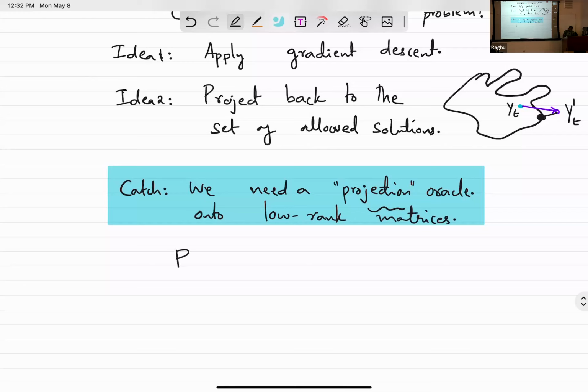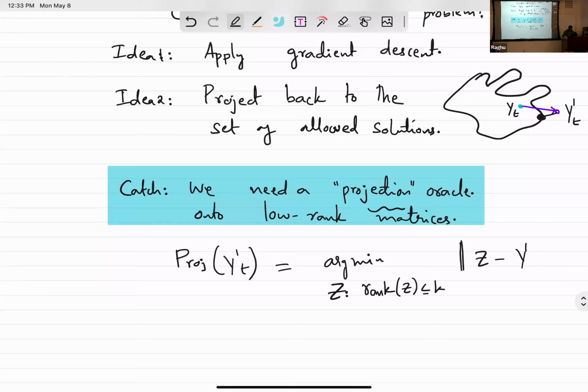The projection of y prime t is the argmin over all matrices, let me use a different letter z, such that the rank of z is less than or equal to k, and which minimizes the Frobenius distance.